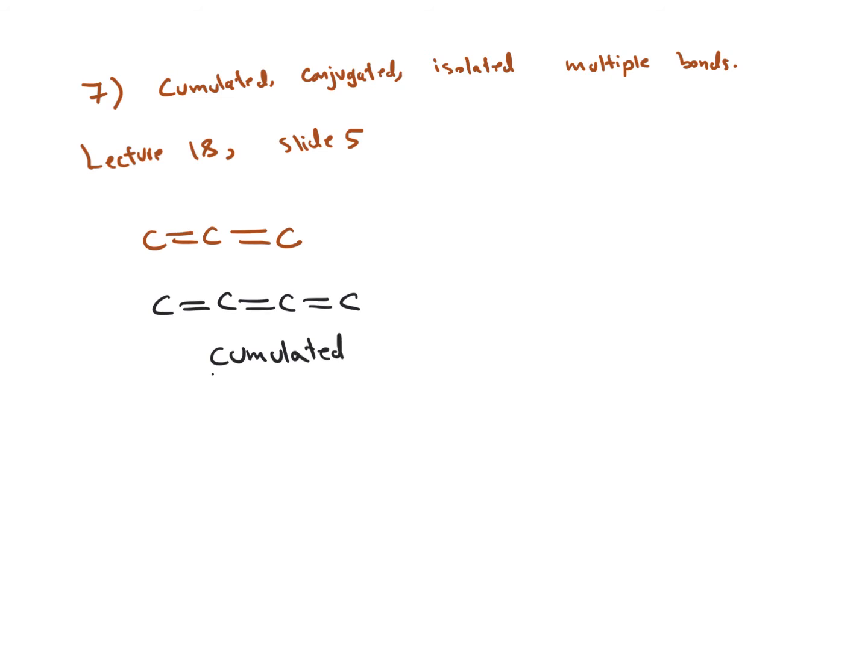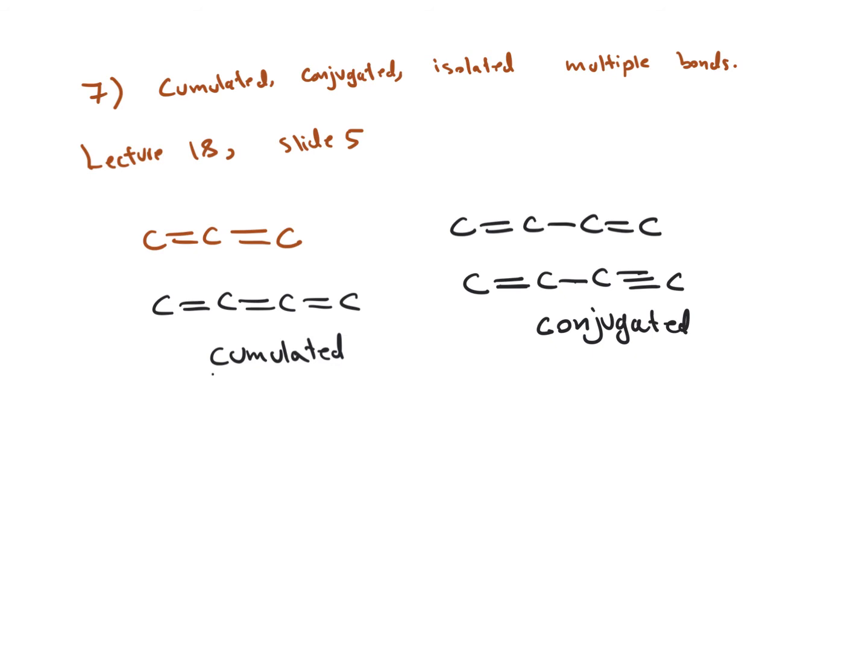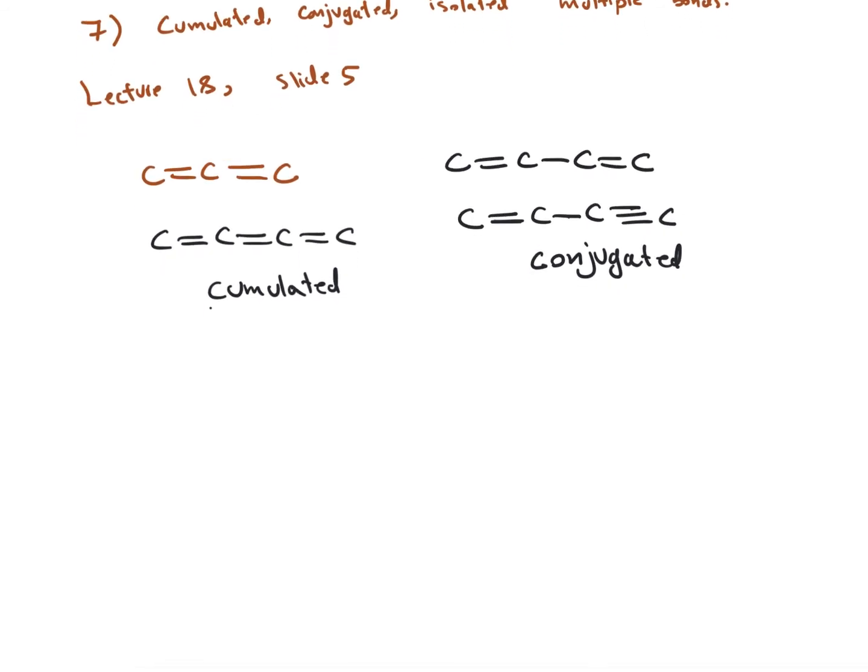And if multiple bonds alternate with single bonds, they are called conjugated. So something like this. Or it can also be triple bonds here. These are also, as long as you have multiple bond, single bond, multiple bond. So that is conjugated. When more than one single bond comes between multiple bonds, the latter are isolated or non-conjugated.